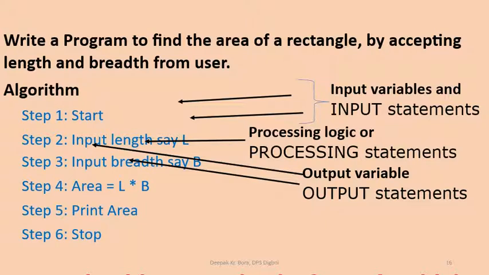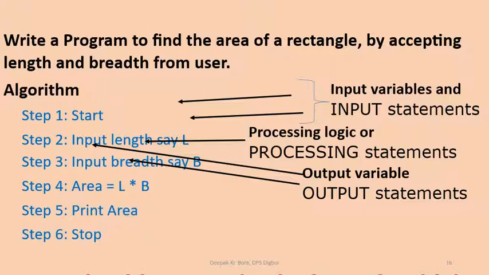Step 1, start. Step 2, input length say L, input breadth say B. So here the input variables are L and B, and these two, step 2 and step 3, are the input statements. The next step 4 is area is equal to L into B.